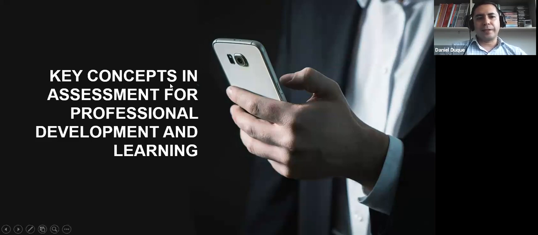The idea is to see some key concepts in assessment for professional development and learning, okay? Why? Well, because assessment has a central role within language learning and teaching. It is associated with the image of teachers posing as examiners, handing out tests to students who are struggling to complete their papers in time.